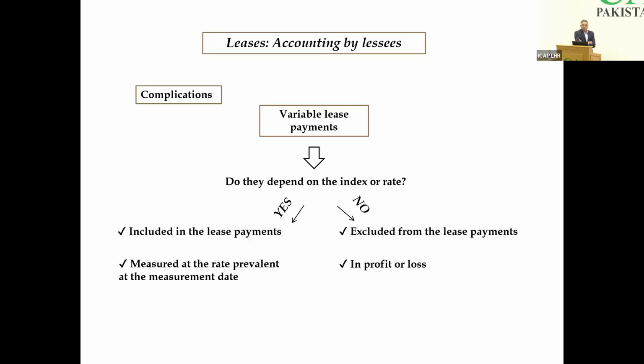If it is not because of an index or rate, then it will be excluded from the lease accounting and simply recognized as an expense or income by the lessee or the lessor. If yes, include in the lease payments, measured at the rate prevalent at the measurement date. We will deal with this in an example.